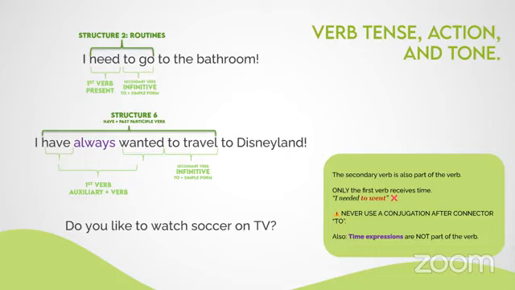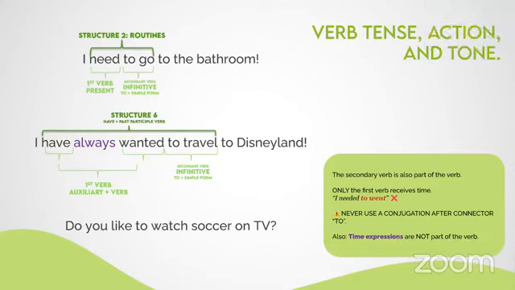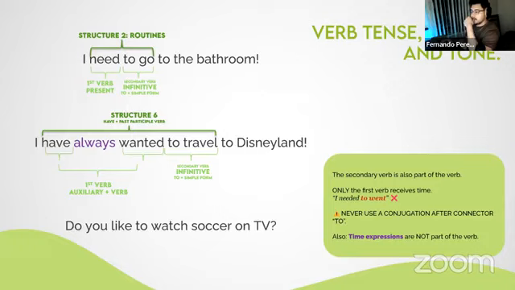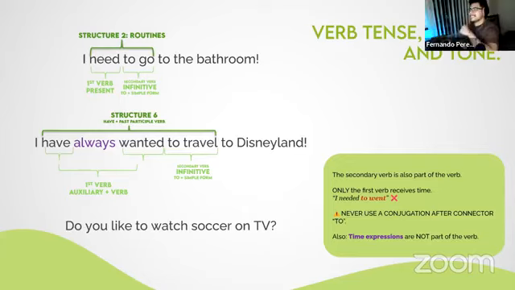The verb includes the auxiliary. Do you like to watch? Include the auxiliary, I like it. But is you a verb? No. Exactly. So you cannot say that this is the verb.